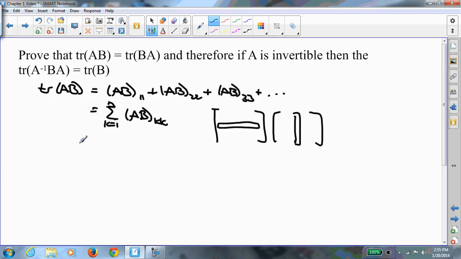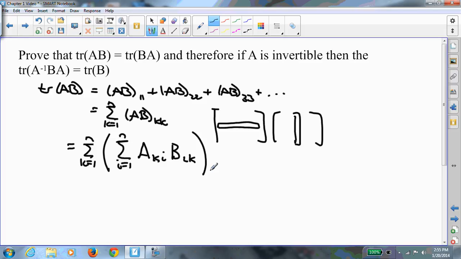So I can rewrite this as another summation, k equals 1 to n, and then inside I'll have another summation, let's say i equals 1 to n. Basically I'm moving along row k of A, along its columns, and then for B, I'm moving down the rows, using column k. So that's how that goes together.